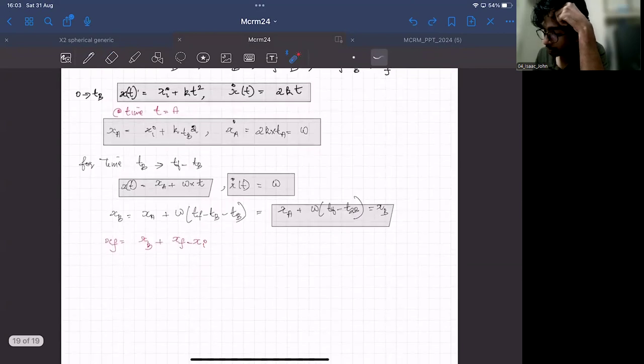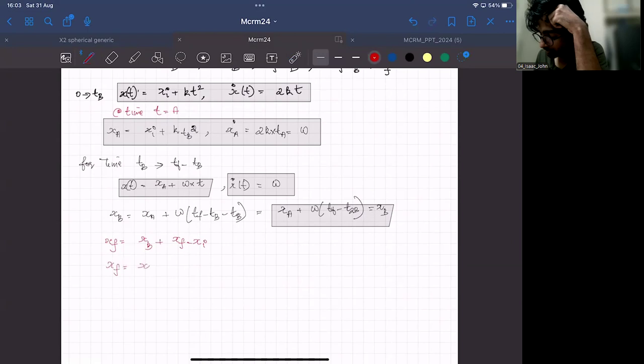So substituting all these things, xf is nothing but xb plus xa minus xi. So xb, I'm writing it from this equation.